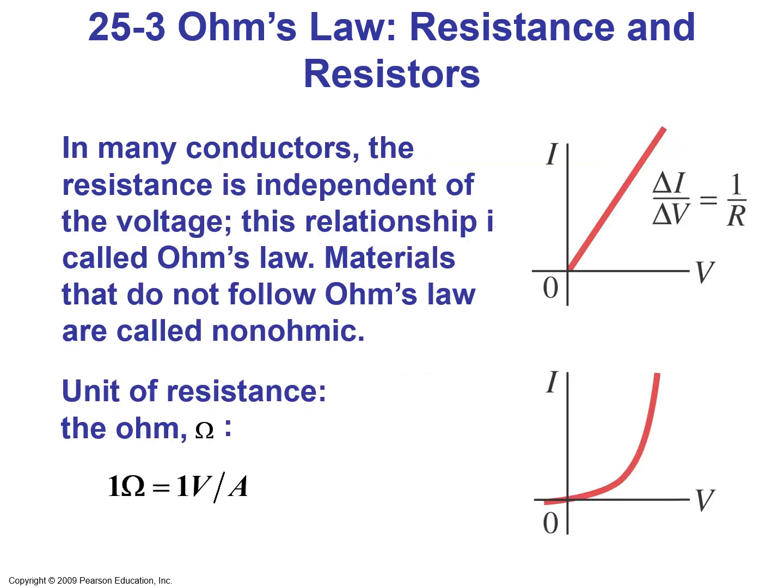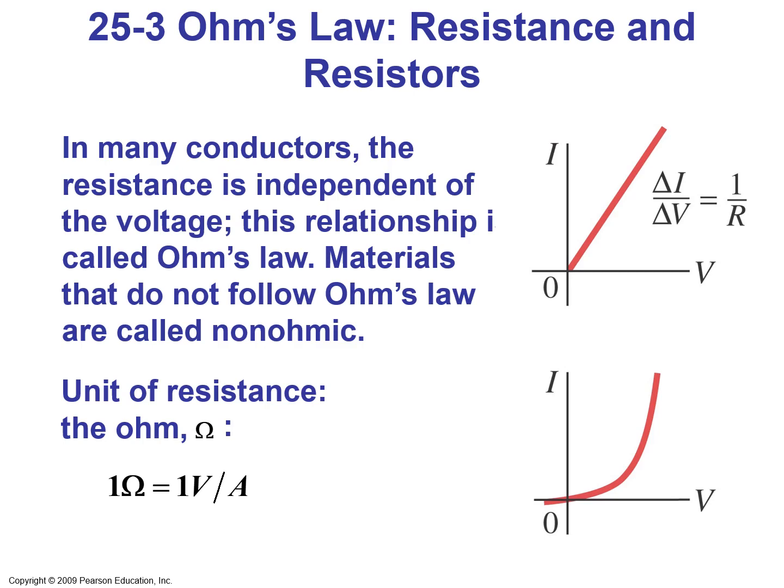In many conductors, the resistance is independent of the voltage. This relationship is called Ohm's law. Materials that do not follow Ohm's law are called non-ohmic. The unit of resistance is the ohm, with the symbol capital omega. 1 ohm is equal to 1 volt per ampere.